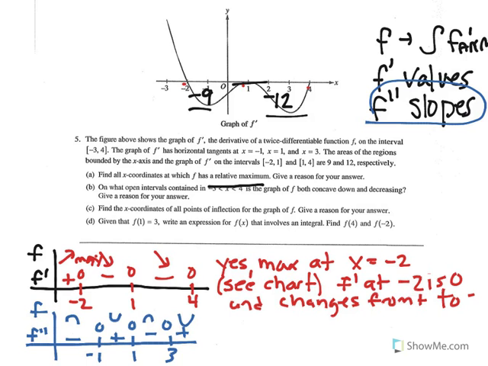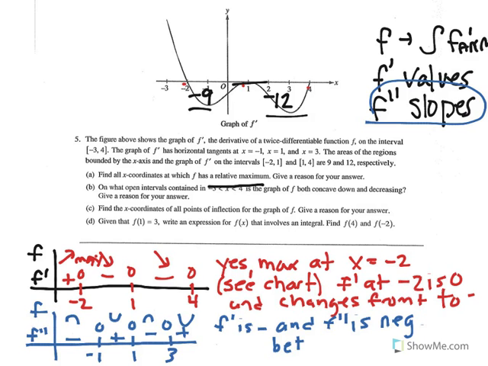So they want to know where it's both concave down and decreasing. Well, my explanation is that f prime is negative and f double prime is negative. Where is that true for both? I'm looking at this graph here.